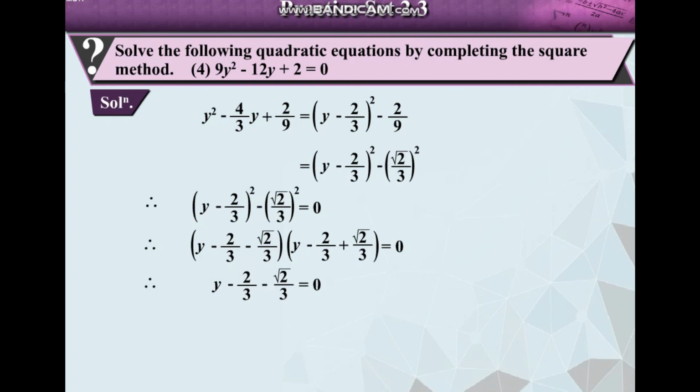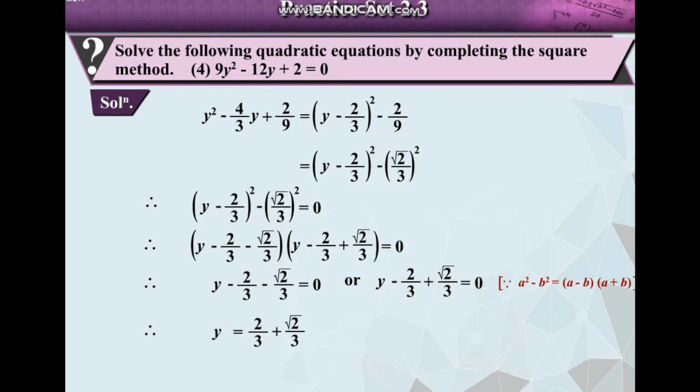Therefore, y minus 2 upon 3 minus root 2 upon 3 is equal to 0, or y minus 2 upon 3 plus root 2 upon 3 is equal to 0, since a square minus b square is equal to a minus b multiplied by a plus b.